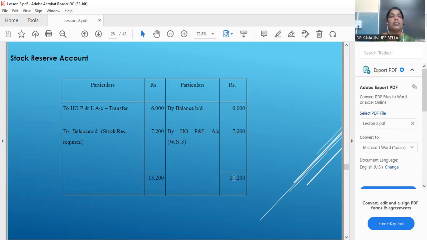Put the total. 13,200 is the total. Then you find out the balance. To balance CD stock reserve 7,200. Stock reserve 7,200.